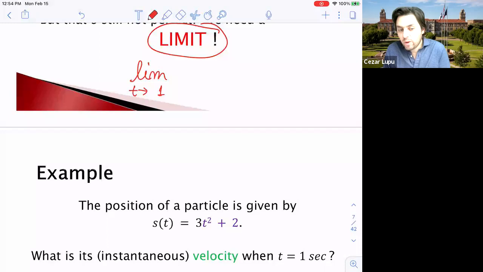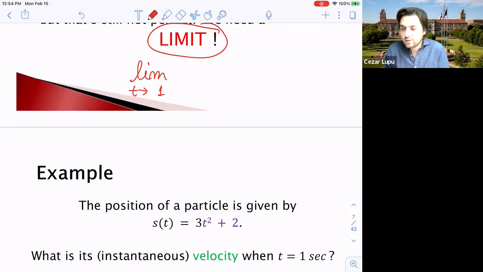Well, when we talk about the instantaneous velocity at t equals 1 second, we will see exactly that this will mean nothing else than the derivative of s, whatever that is. We haven't defined it yet. But when t equals 1 second.